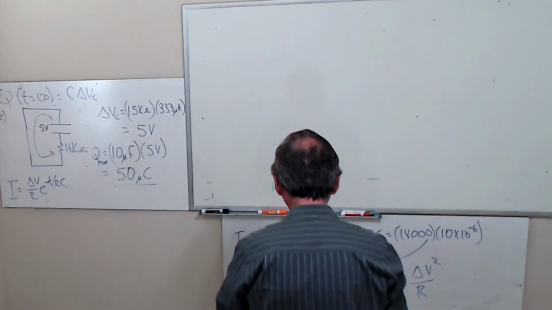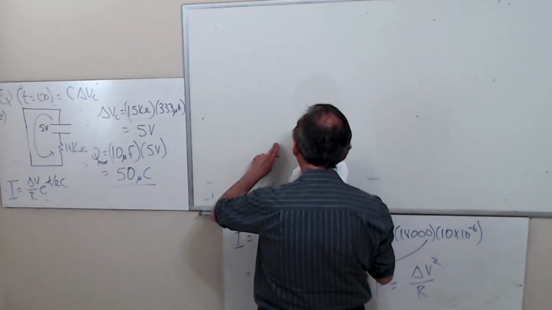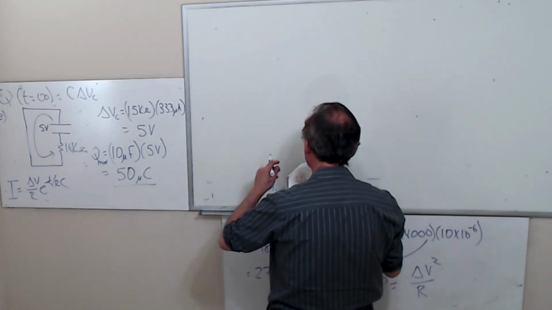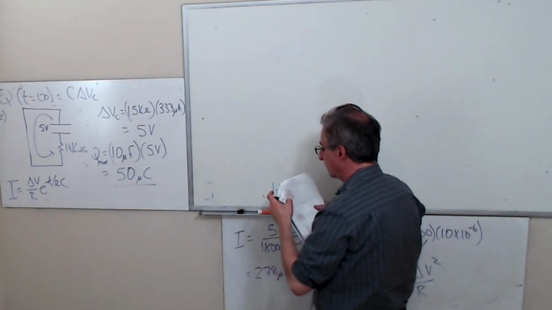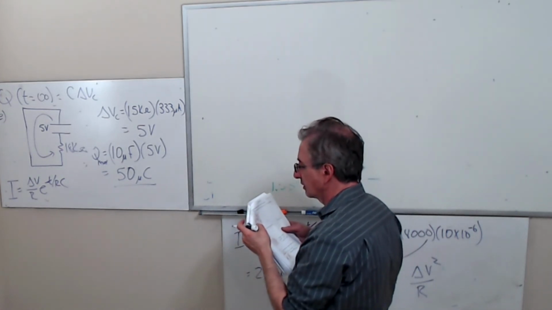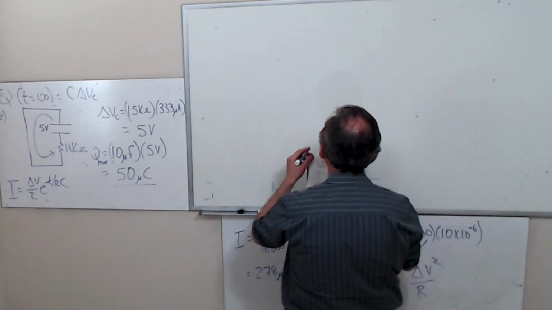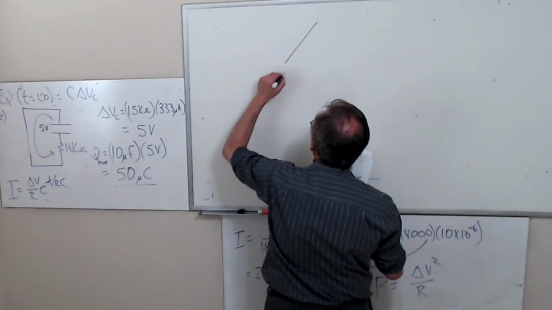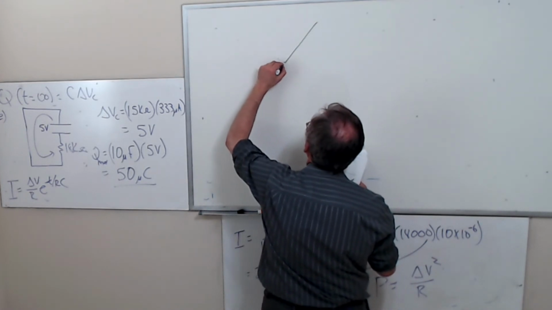So let me see if I can redraw it. That's 4 ohms, right? Yep. And isn't that 4 ohms in parallel with the other 4 ohms? Yes. Okay, so I can do something like this.